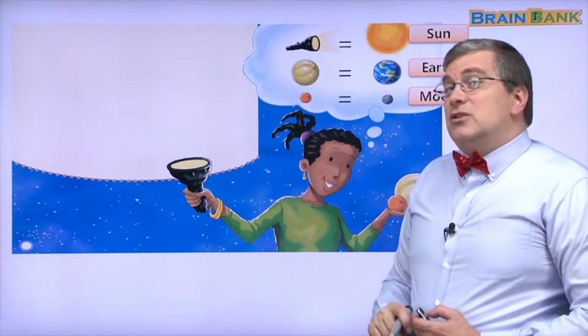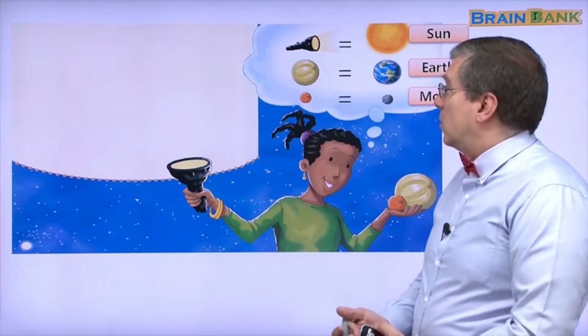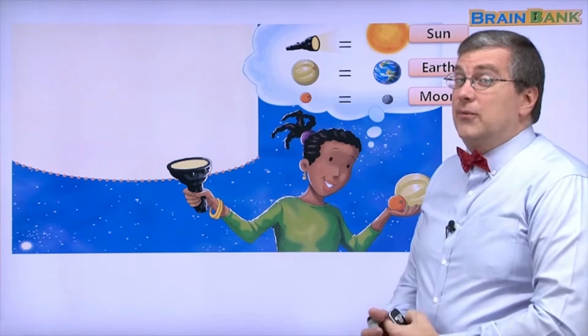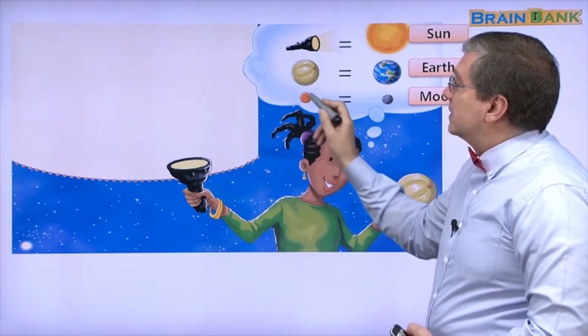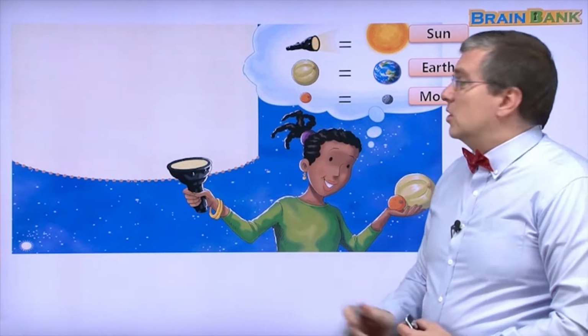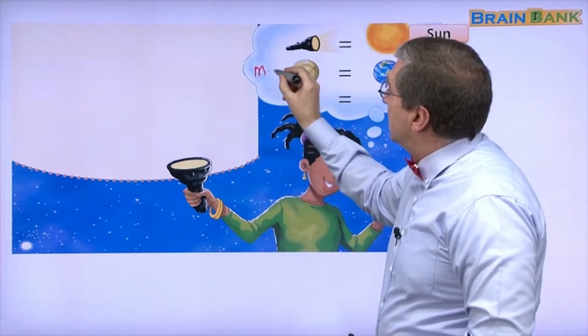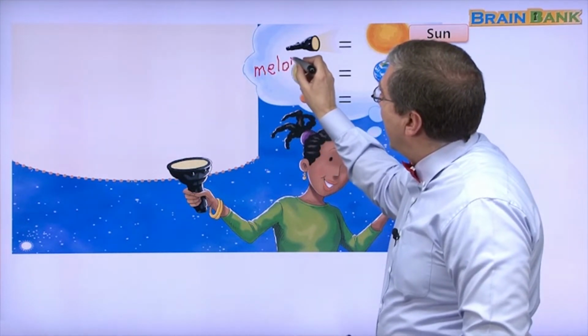Mom is going to show Amy how to make a solar eclipse. Do you remember the fruit? This is a melon. M-E-L-O-N.